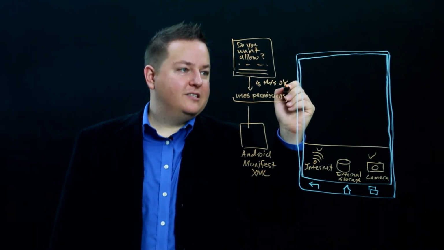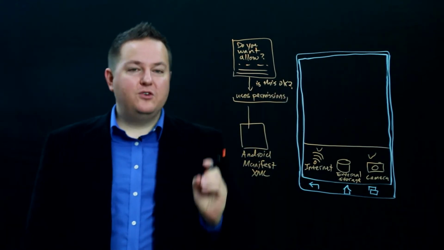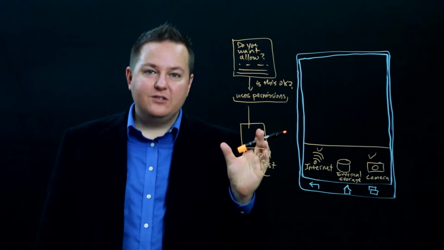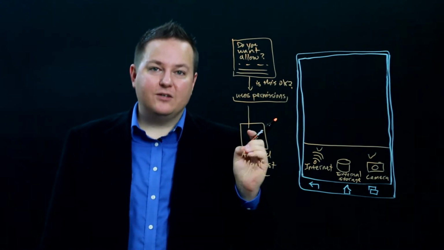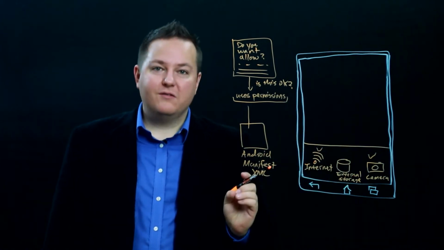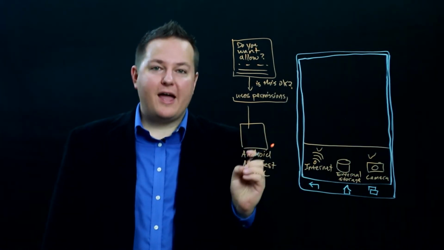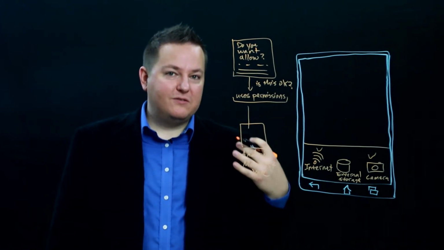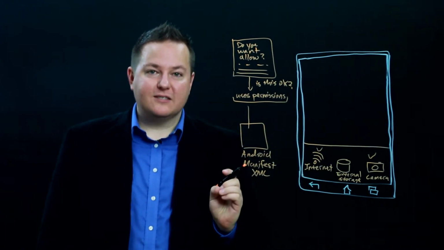And if they say that it's okay, what Android does is it takes all of these user permissions and it goes and creates an account on the underlying Linux operating system that's part of Android for your app. So Android is a modified version of Linux that runs on mobile devices.